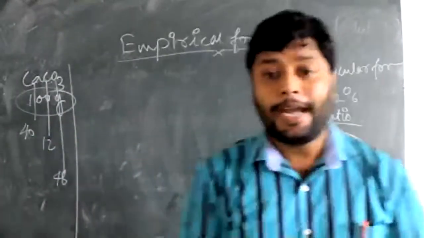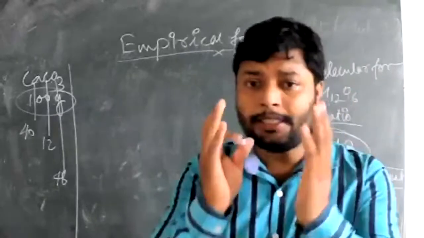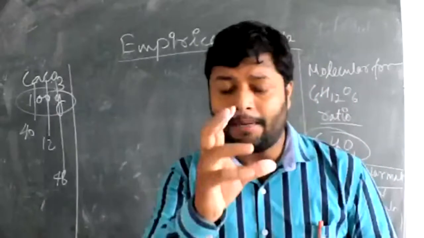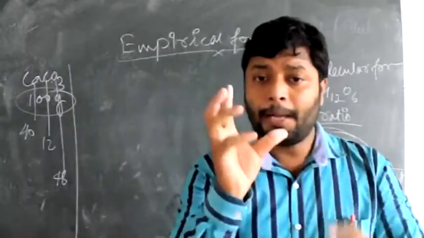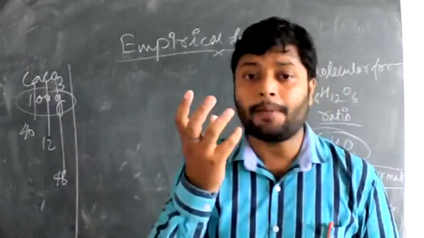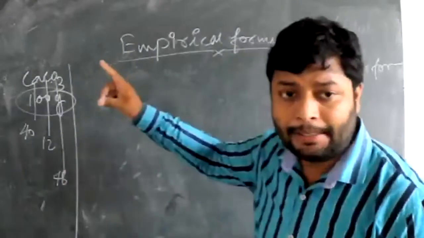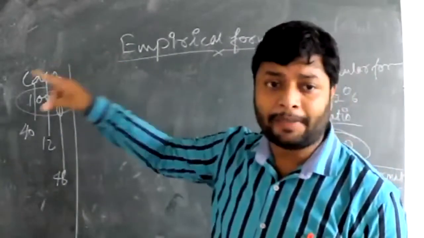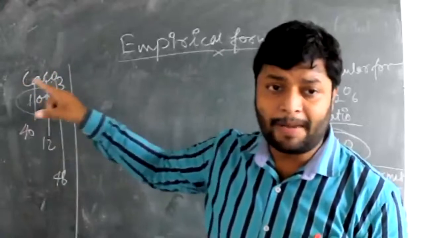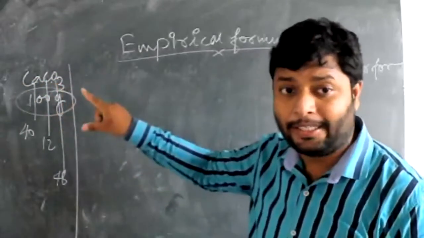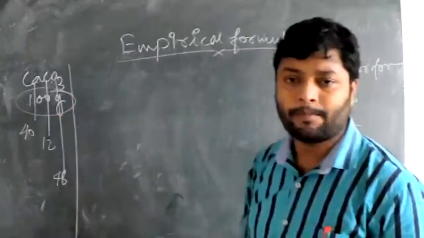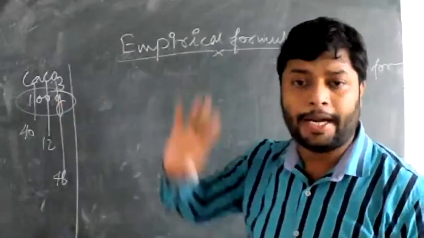The percentage indicates in what composition the different components are present in a mixture or in a formula. In calcium carbonate, the atomic mass of calcium is 40, the atomic mass of carbon is 12, and the atomic mass of oxygen is 16, and 16 threes are 48. The total sum is 100 gram.